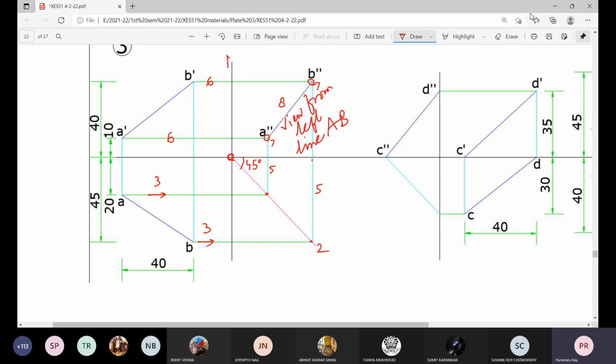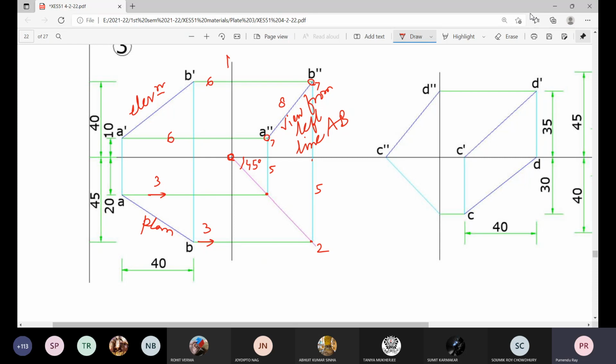This is elevation. This is plan. And by its name itself, it is automatically meaning the A without any dash or prime, it is plan. A with a single prime, it is elevation.